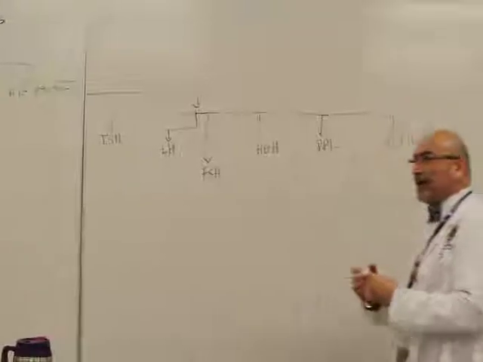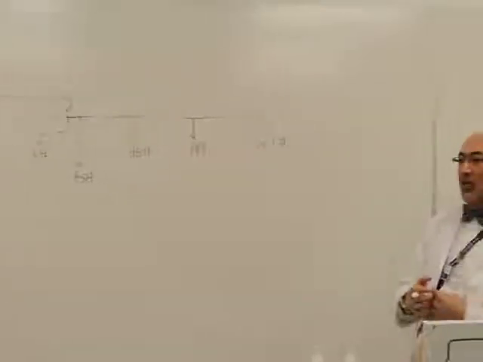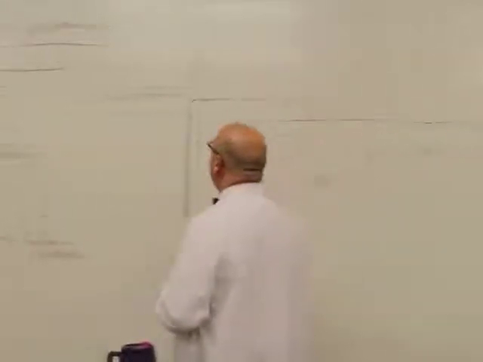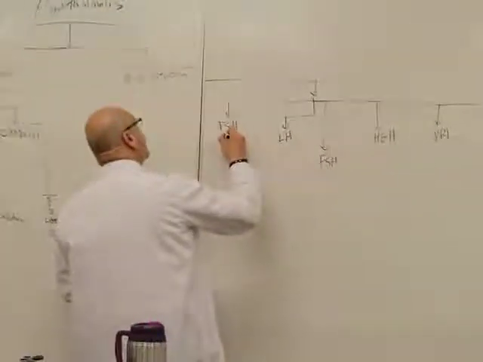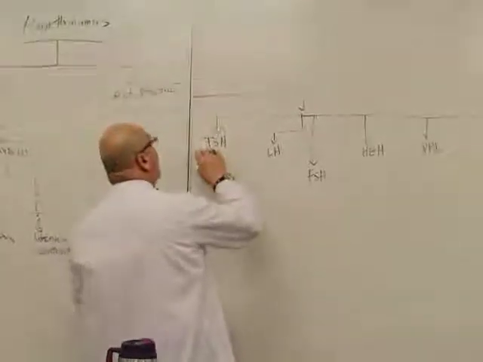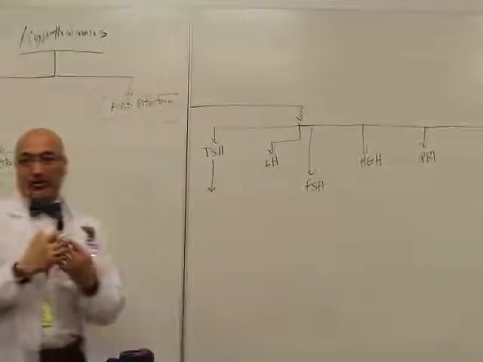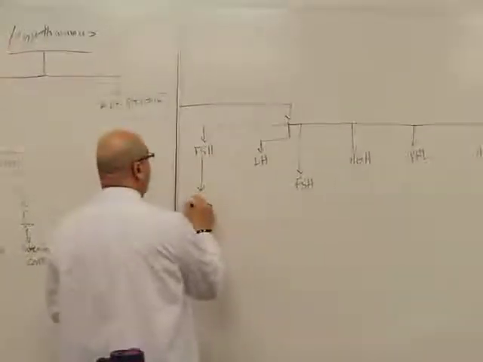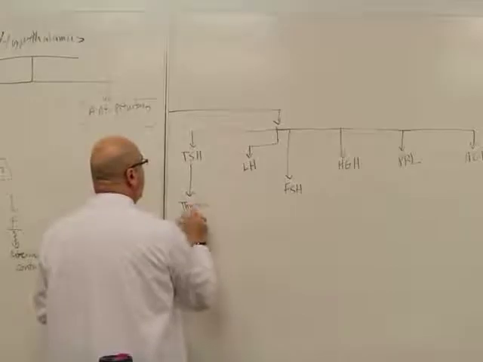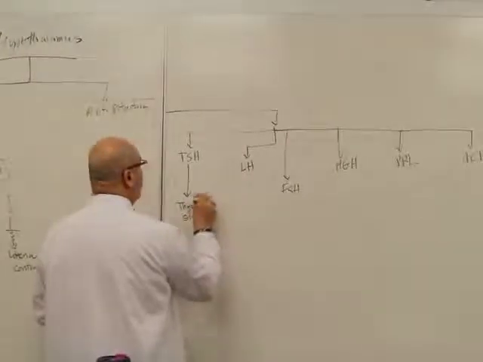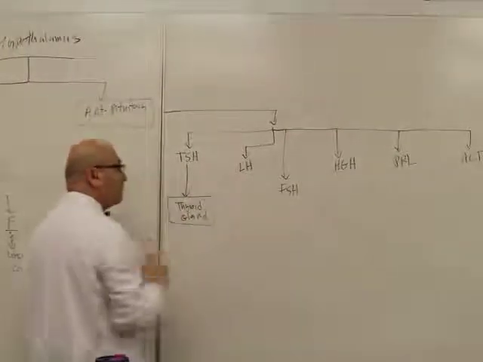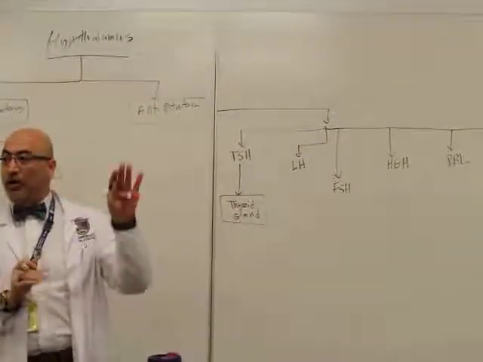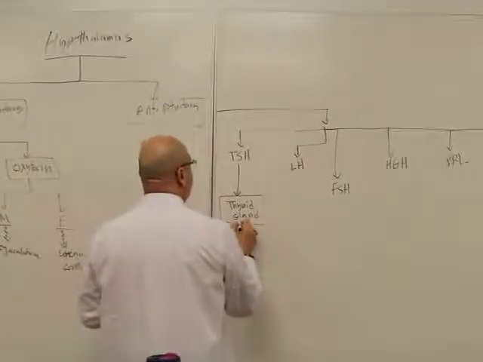And then let's take a look at what they do and what are the possible effects from that. Okay? Obviously, it's self-explanatory. Thyroid stimulating hormone is going to stimulate thyroid. So that targets thyroid gland. And then you have T3, T4, and calcitonin.